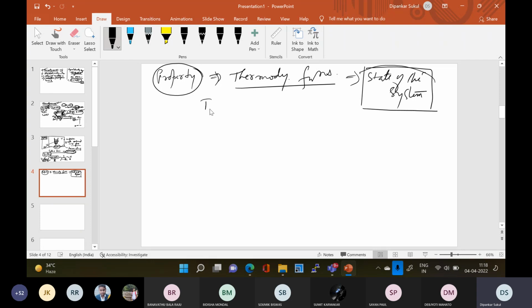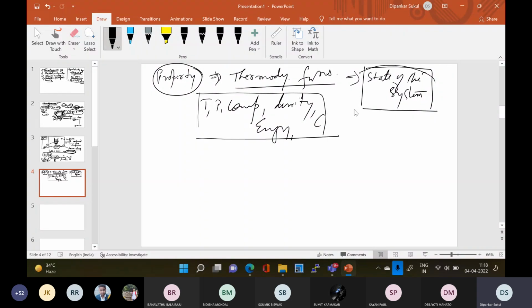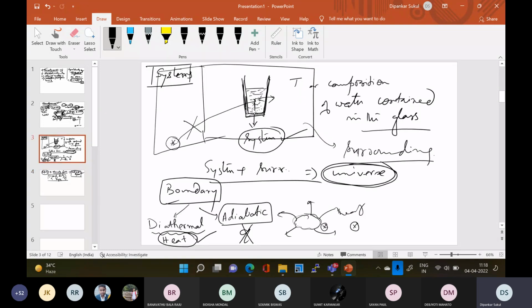Suppose temperature, pressure, composition, density, energy, heat capacity. These are all thermodynamic functions by which one can define the state of the system.